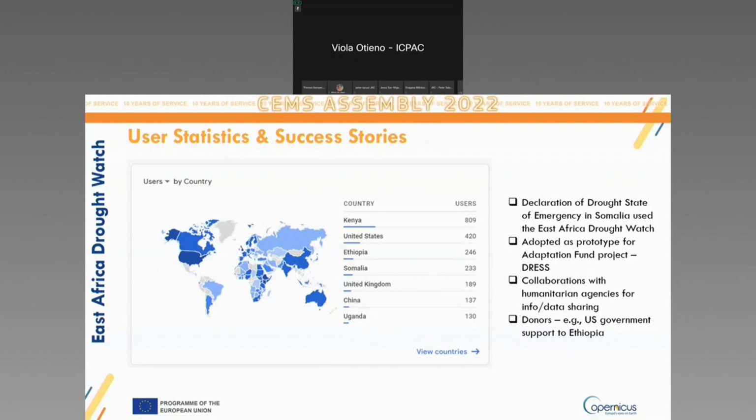We've received a lot of requests for collaboration with humanitarian agencies for information sharing and data sharing as well. We also received feedback that for the people based in the US, most of the time access was to validate what kind of support to give to Ethiopia, but also where in Ethiopia to give the support as well, the response support.